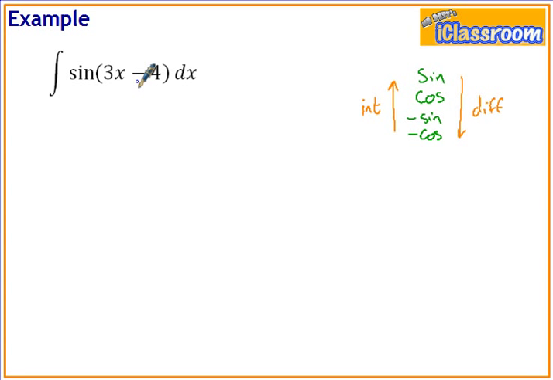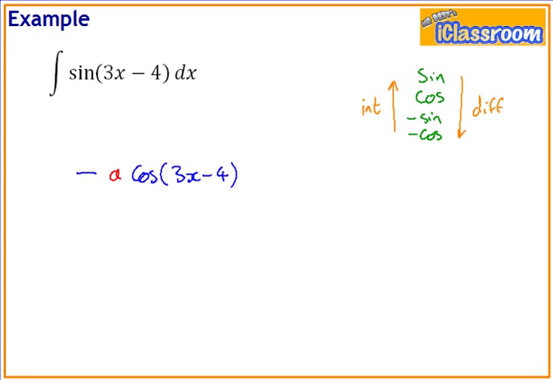A sensible guess would be that sine would integrate to give me minus cosine. So my guess is that this function is going to integrate to give me minus cosine of 3x minus 4. Now that's probably not going to be right, so I'm going to introduce just a coefficient in front, something that we want to find. So I think that the integral of this function will be this.